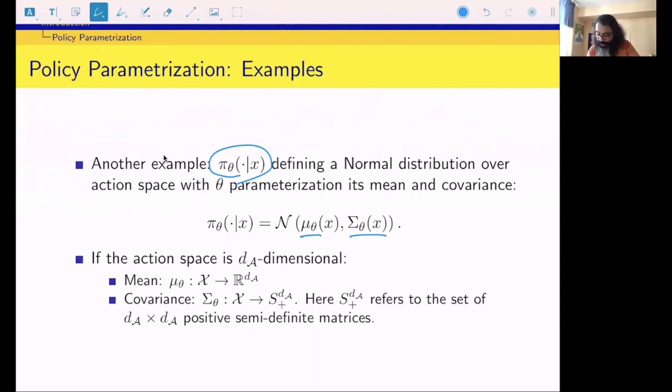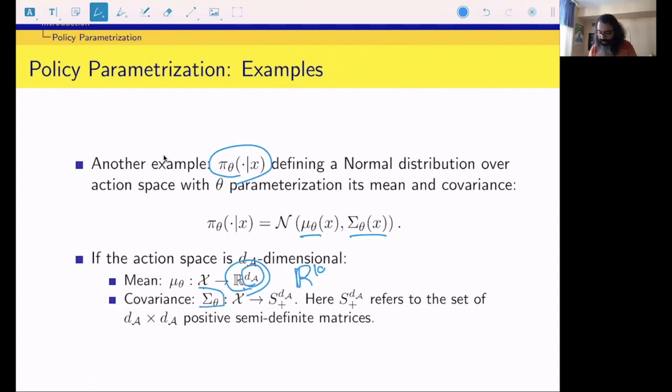Essentially, the mean would be any function from the state space to the space of actions. If the action space is dA dimensional, it would be R of dA, for example R of 10 if it's a 10-dimensional action space.